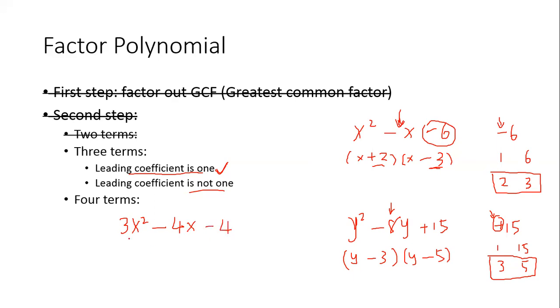The number in front of the x squared is 3, so the leading coefficient is 3, not 1. I will talk about this one later. I need to talk about this four-term case first, and then come back to this one.